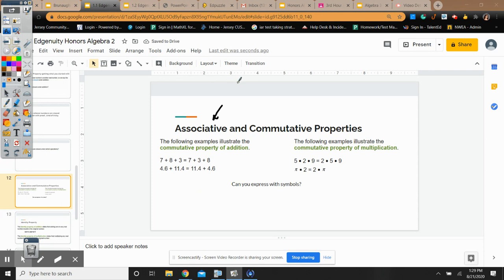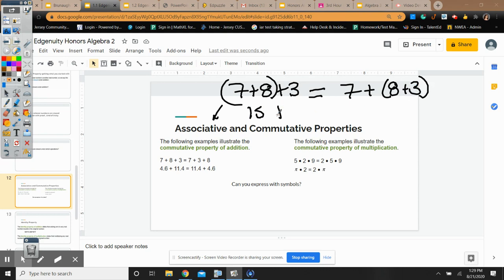Associative would be this: 7 plus 8 plus 3. If I associate these two first, that's going to give me the same thing as if I associate the other two first, because 15 plus 3 is the same thing as 7 plus 11. Okay, so associative is who you associate with, always about groups and grouping symbols.